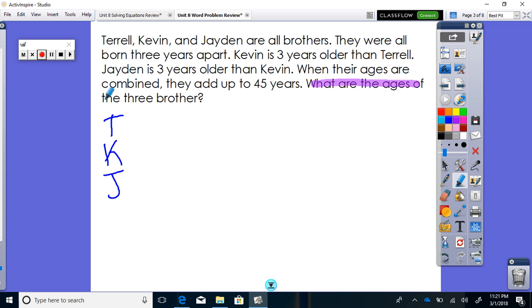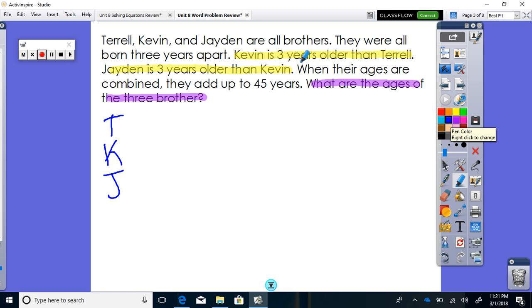We want to find the ages of the 3 brothers. Then we ask ourselves, we've already decided that this looks similar to the problems we've done before. Then after we decide what it's asking us, we look for the important information. So they're all born 3 years apart, but what's really important is that Kevin is 3 years older than Terrell, and Jaden is 3 years older than Kevin.